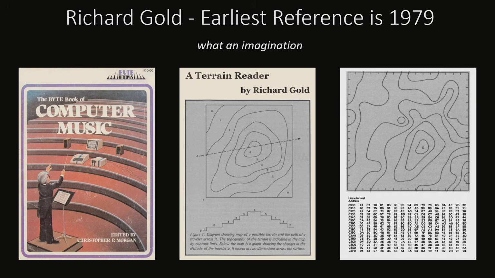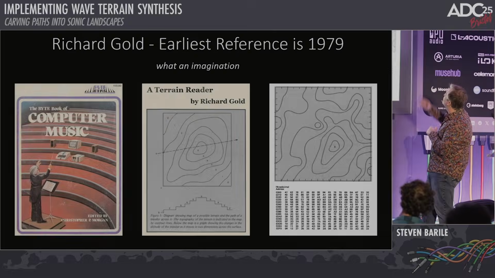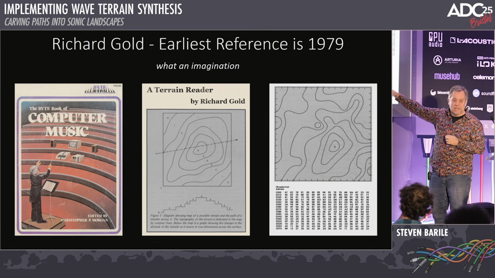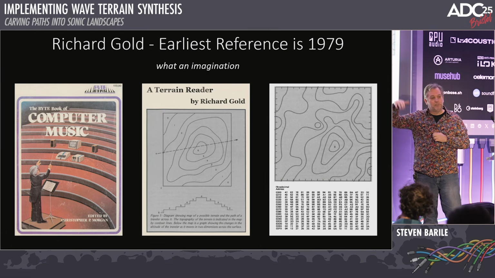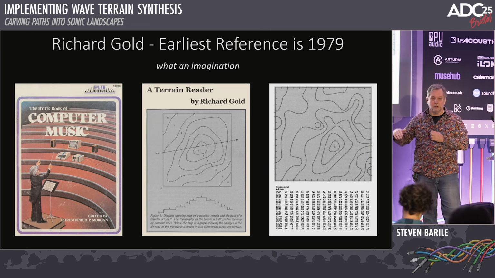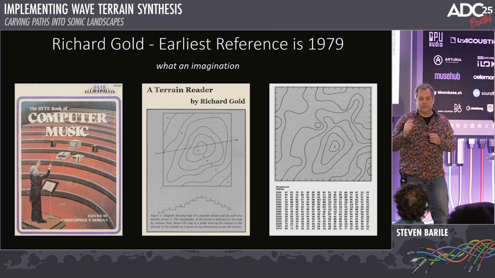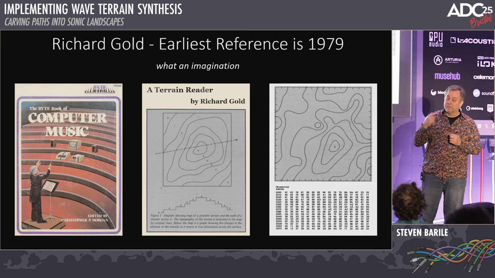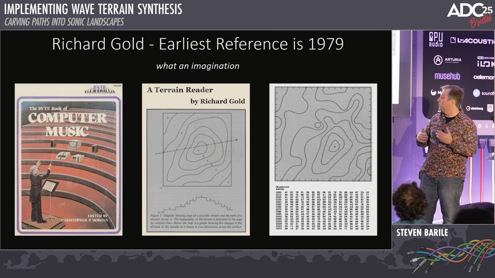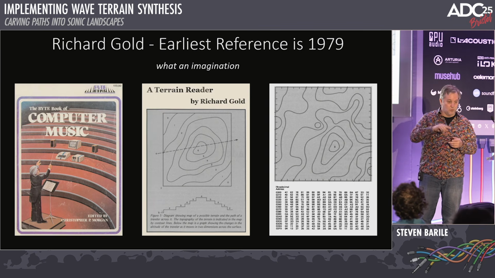The earliest I saw was Richard Gold, and I was perplexed because this was '79 from Byte magazine. In the back of the article was the source code. I think it was assembly, and the computer he was running couldn't actually generate the really simple math for just one waveform fast enough to actually play it.